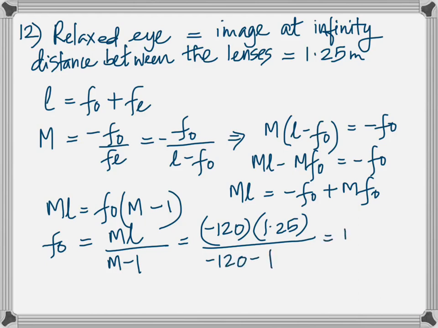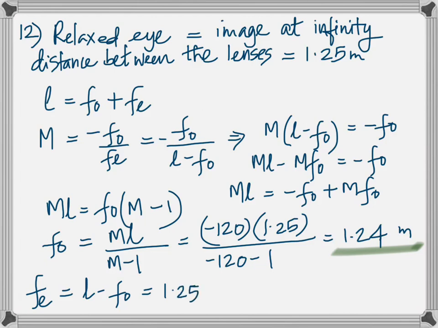The final image is virtual. You can see it, but it cannot be produced on a screen. So once you get FO, you can find FE. As being very small, obviously, it's 0.01 meter, and that's why the magnification was about 120. Thank you.